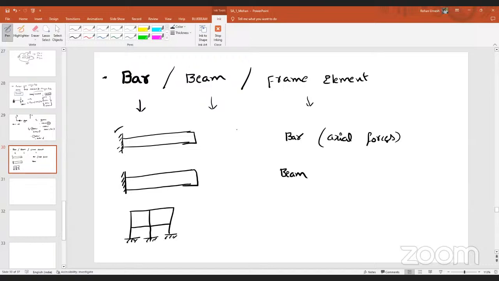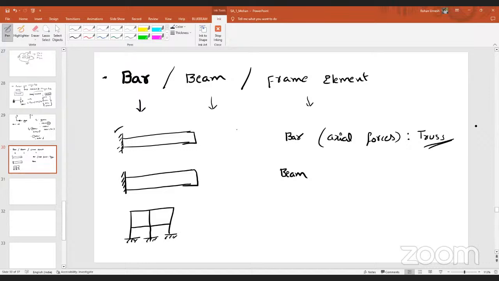The only thing is they will be carrying only axial forces. What is the best example for this? Column. Did somebody say column? Did I hear it wrong? I can say a best example is a truss. As we know, they will only carry the axial forces, either tension or compression.